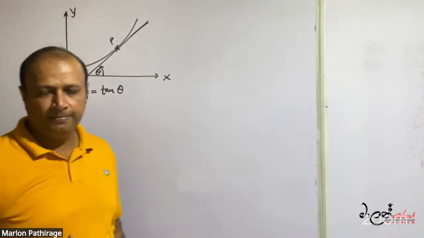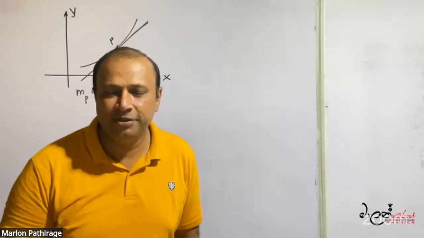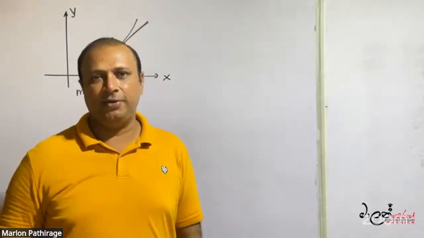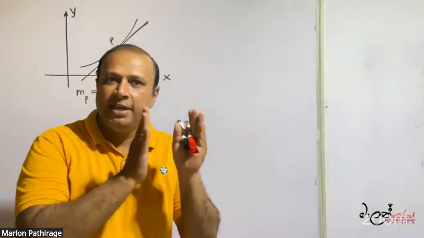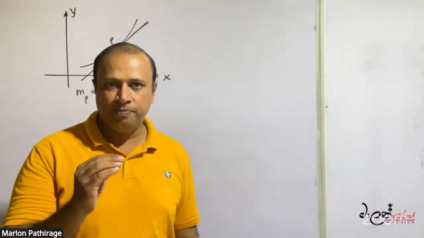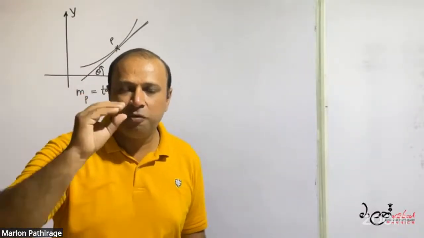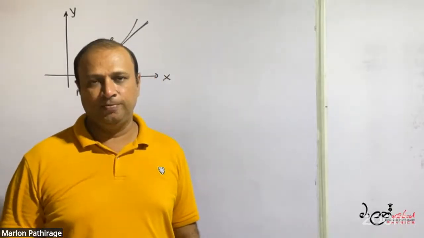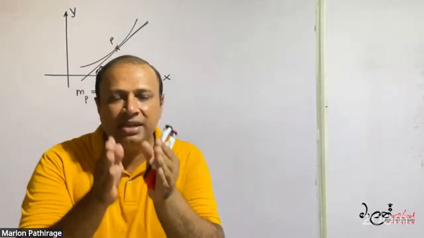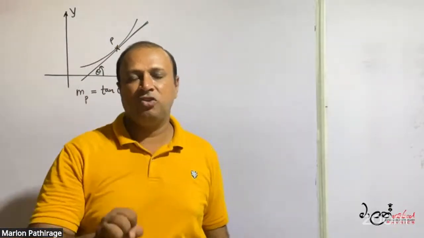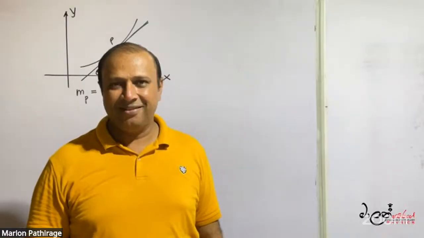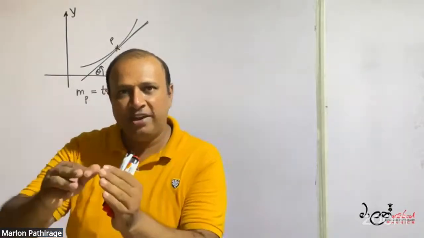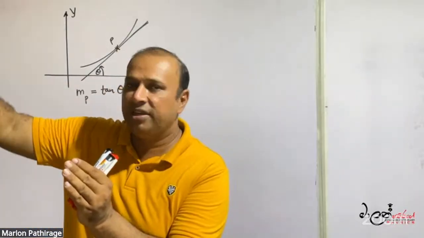So what is the gradient? Gradient is a tan value. So if gradient is positive, tan value should be positive. If gradient is negative, the tan value should be negative. On the other hand, when tan theta is positive, gradient is positive.